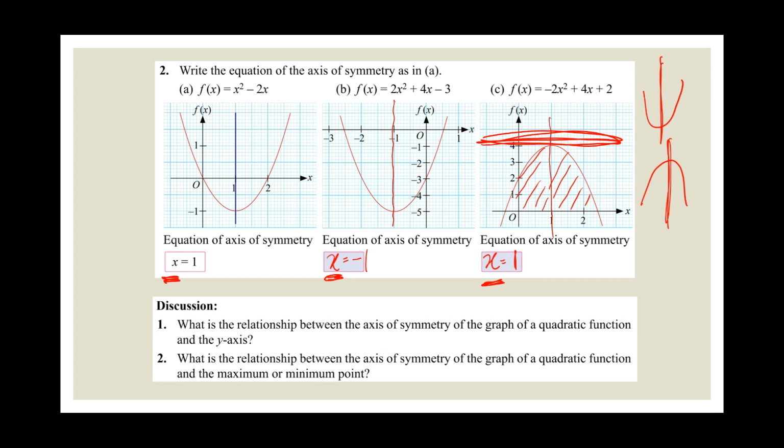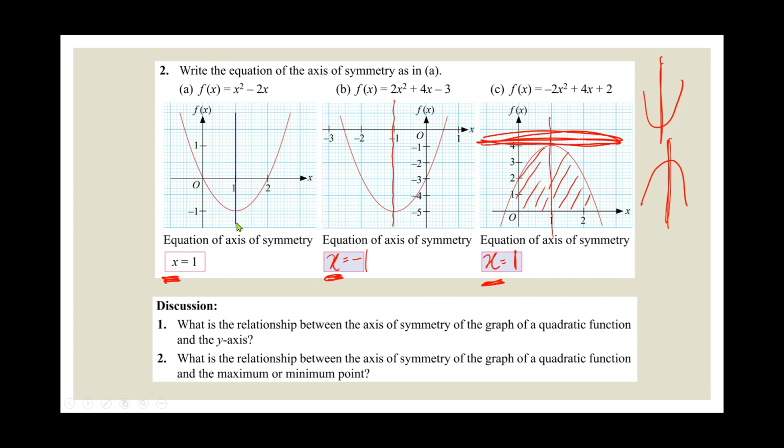So now we need to discuss this part here. What is the relationship between the axis of symmetry of the graph of a quadratic function and the y-axis? So if you look at the first graph here, this is the axis of symmetry. What is the relationship with the y-axis here? Can you guess? It's a vertical line?